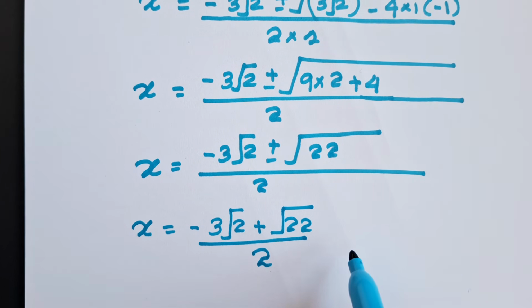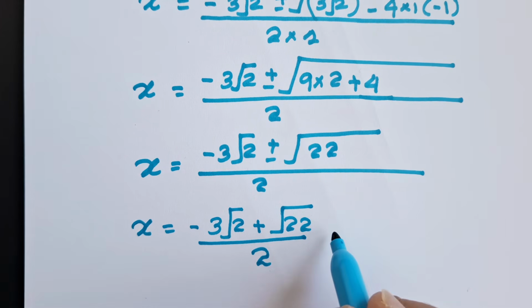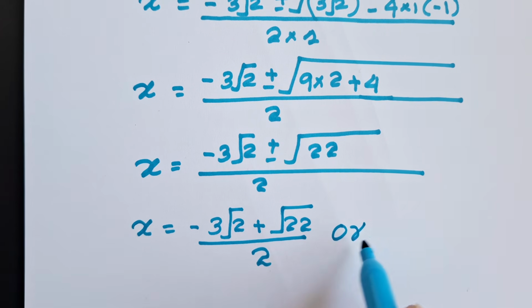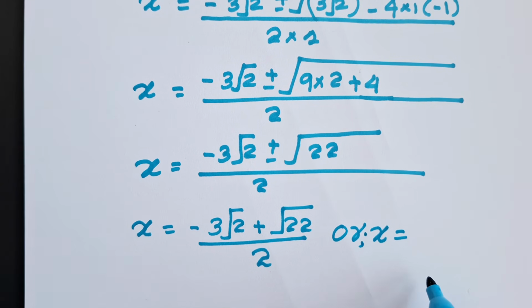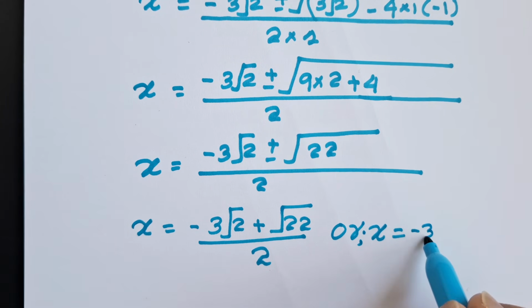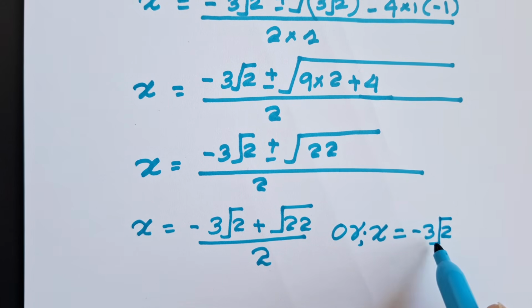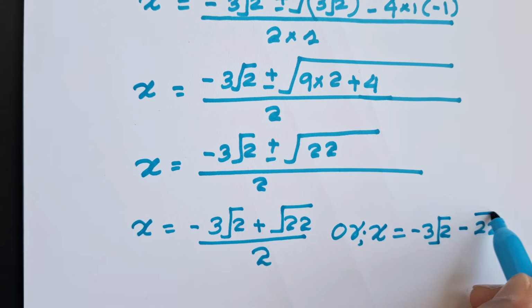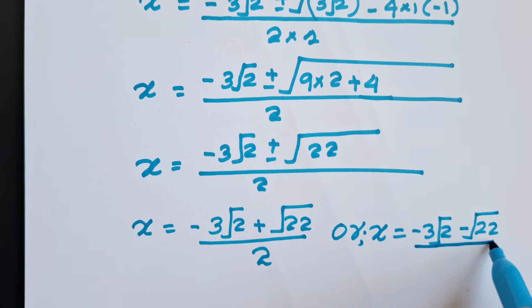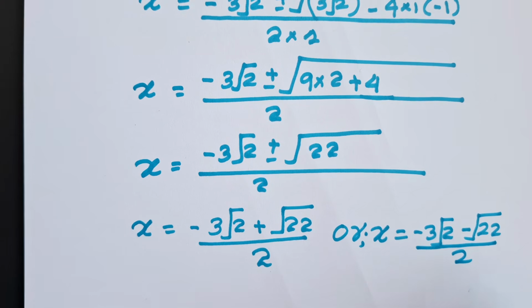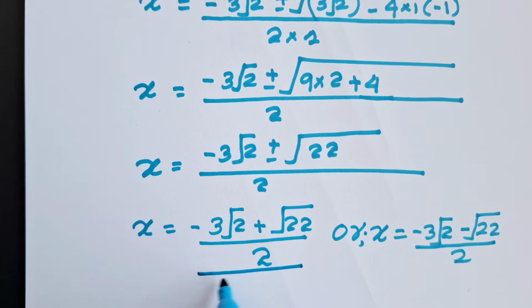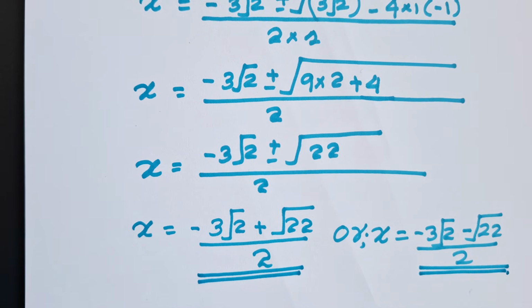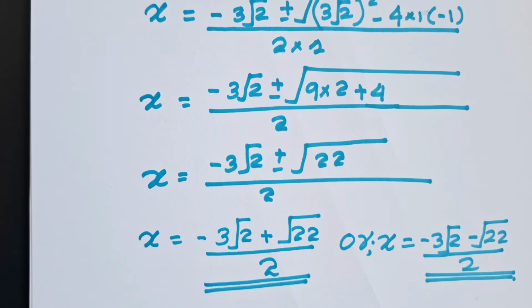And my second solution, in the minus case, is x equal to minus 3 times square root of 2 minus square root of 22, divided by 2. So those are the real answers given by the calculation for x to satisfy our initial equation.